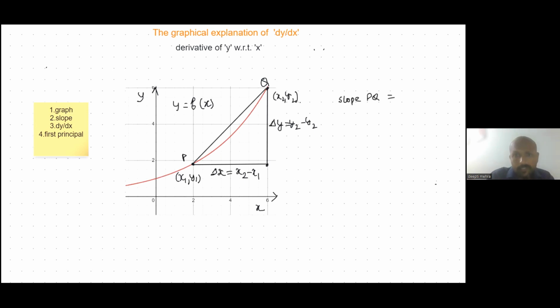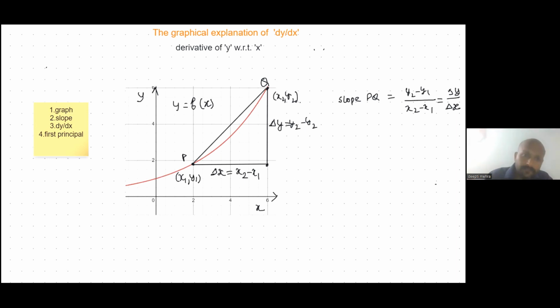What is the average change? The average change is (y2 minus y1) over (x2 minus x1), which can also be written as change in y over change in x. This is the average change of this function over the given interval x2 minus x1. Why am I using the word average? Because this is an overall change.